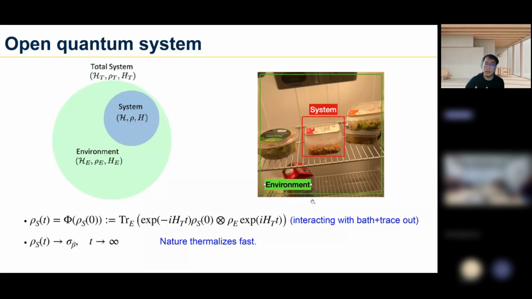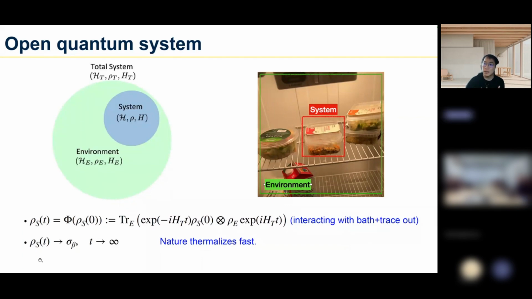And we know that the temperature of my food will quickly converge to the temperature of my fridge. So intuitively, this means that my system density operator will converge to a thermal state with inverse temperature beta, same as the temperature of my fridge. And since nature thermalizes fast, we can expect this convergence rate will be very fast.